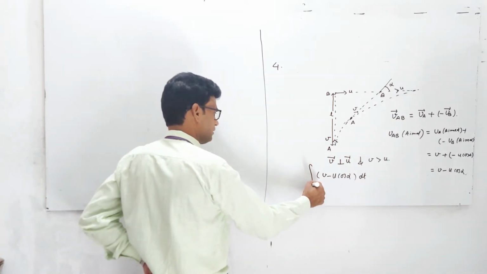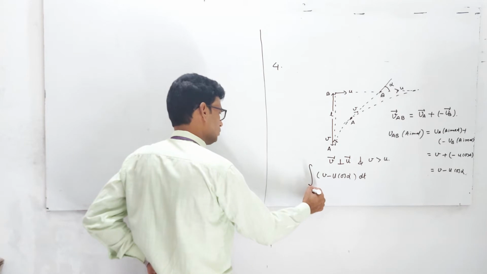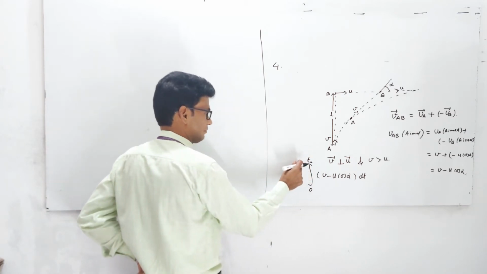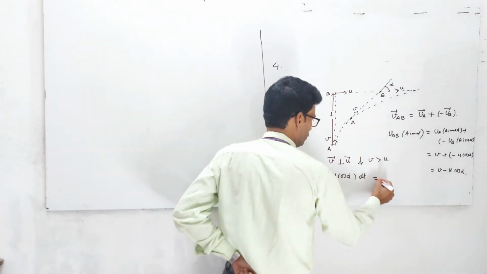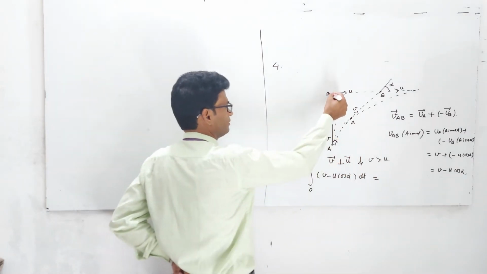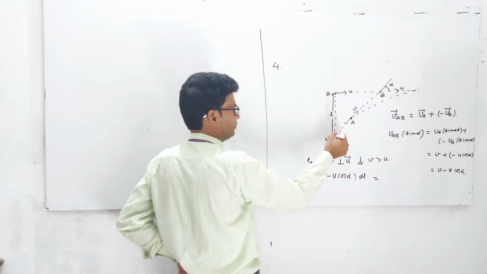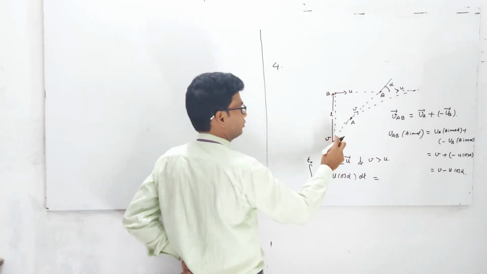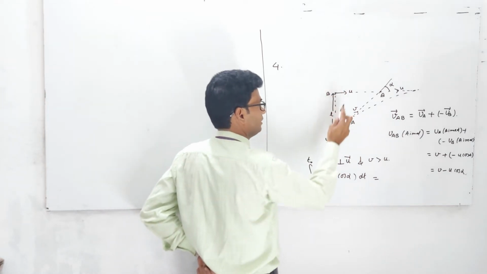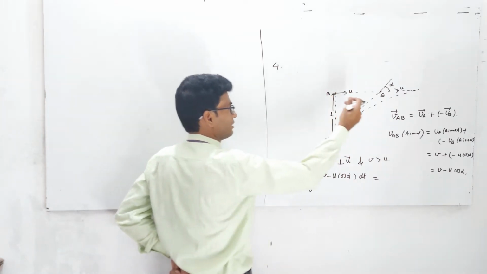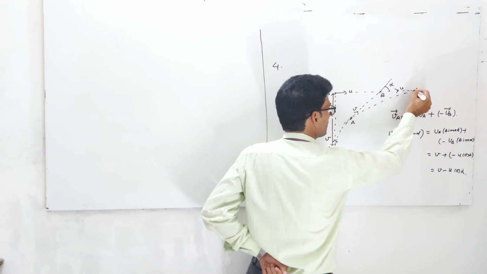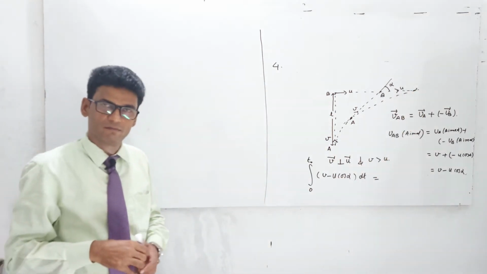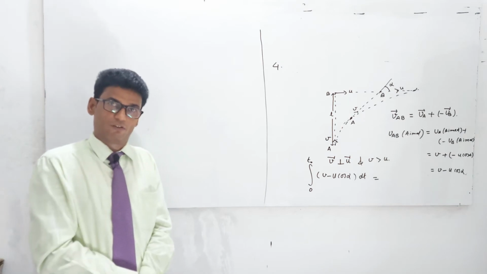Integrate it from t equal to 0 to t equal to t naught, where t naught is the converging time. So this comes out to be, look at here, at t equal to 0, their relative separation is L in the aimed direction. And when they converge, then in the aimed direction the relative separation becomes 0.